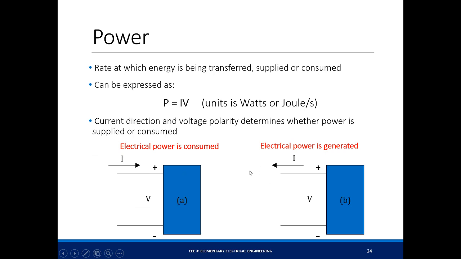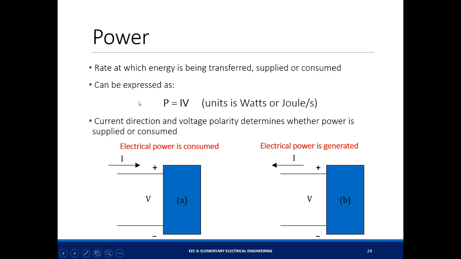So how do we quantify the power or energy that is transferred per unit time in our voltage sources? So power is the rate at which energy is being transferred.